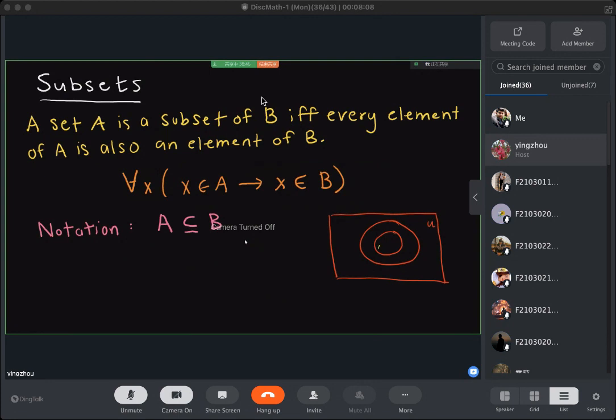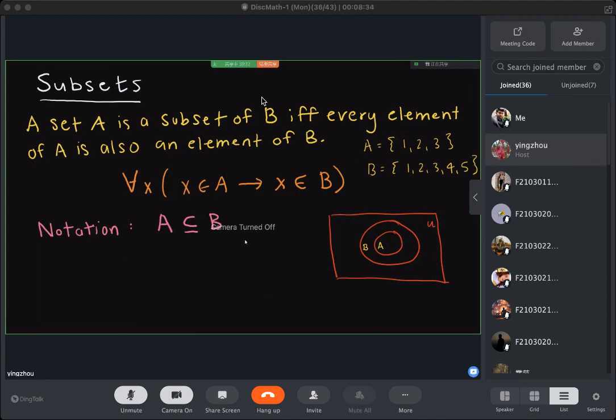This would be set A, and this would be set B. So essentially what I'm saying is anything in set A is also contained in set B. So let's say A is the set of elements 1, 2, 3, and B is the set of elements 1, 2, 3, 4, 5.